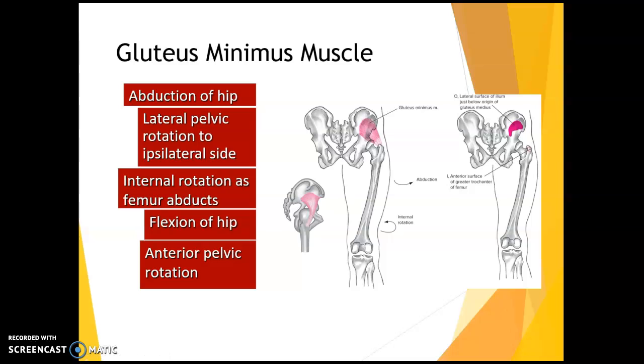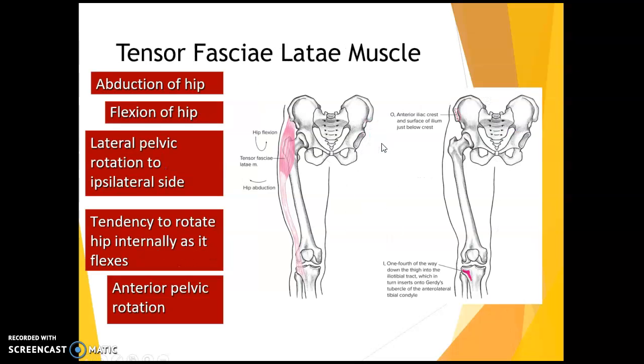Right? Glute min runs deep to the other two, and its actual origination is no longer on the crest, put in here. All right, so you're talking about on the ilium itself, and then comes out here and it's on the greater trochanter.